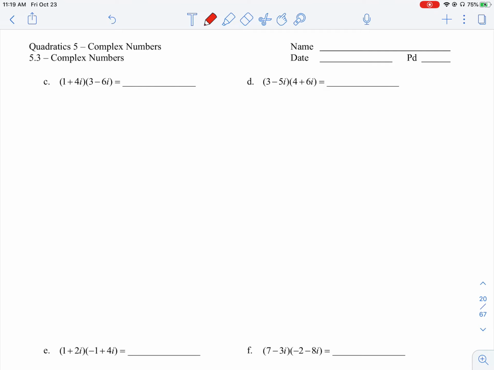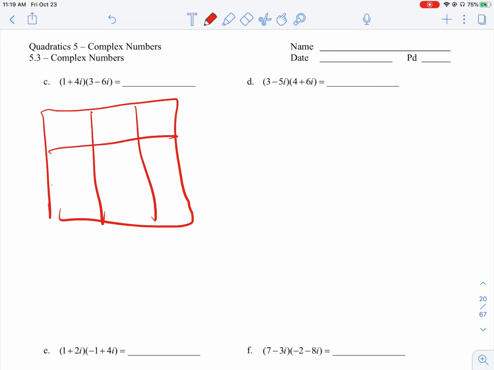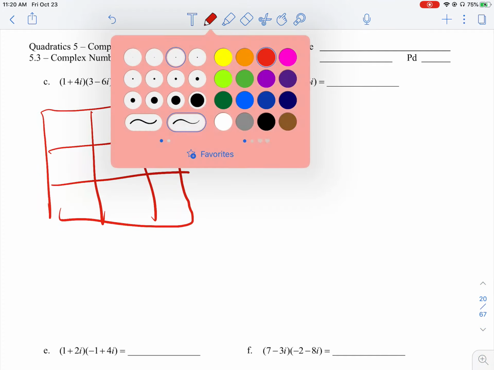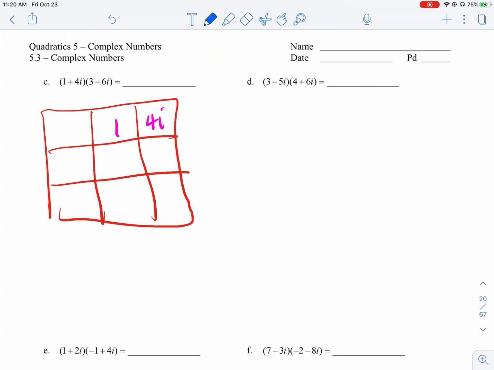So I could write the box. Let's draw. Okay, there you go. All right. So let's change the color. 1 and 4i, and then over here on the corner, let's have 3 minus 6i, and of course we're multiplying all of them.